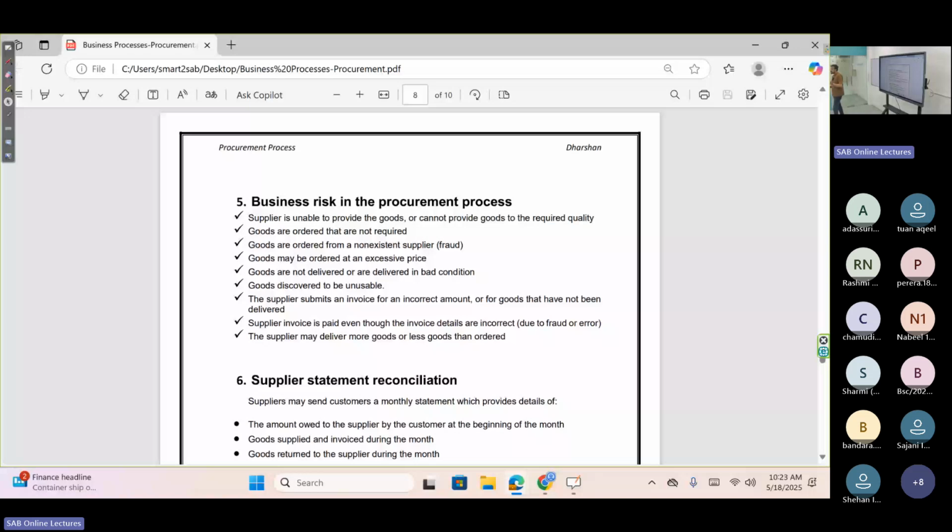If you pay for 120, that is a loss to the company, a loss of 20 quantities. So that is also one of the risks. Supplier invoice is paid even though the invoice details are incorrect, due to fraud and error. The supplier may deliver more goods or fewer goods than ordered. So these are the few risks I have given in the procurement process. More than this you can write.